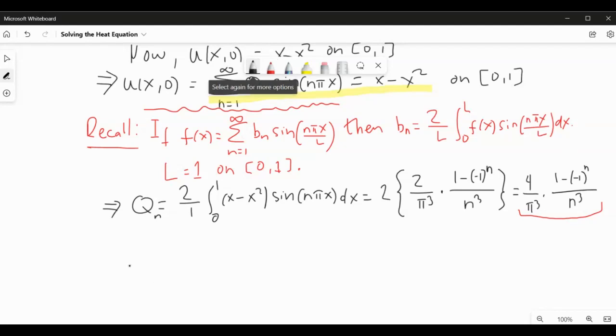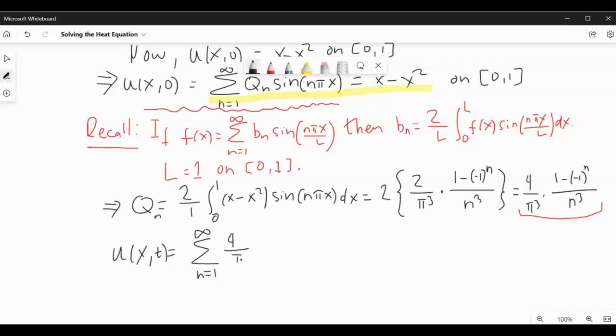we can now complete our expression for the solution u of x,t. And in fact, it's going to be equal to the infinite sum of q sub n, which is equal to this.